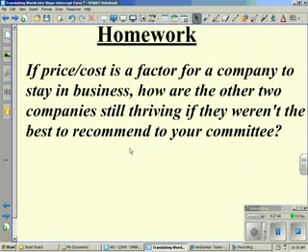Your homework this evening. You'll need to copy this down because I don't have it on a worksheet. If price or cost is a factor for a company to stay in business, how are the other two companies still thriving if they weren't the best to recommend to your committee?